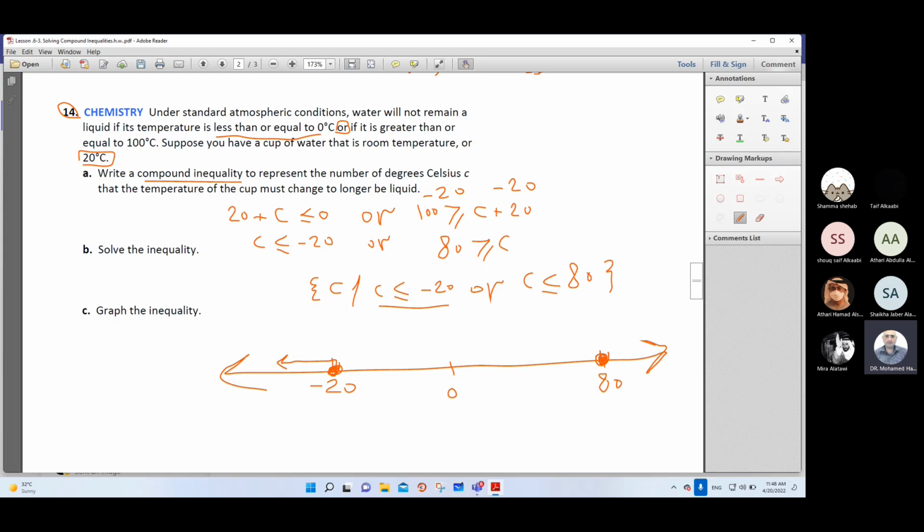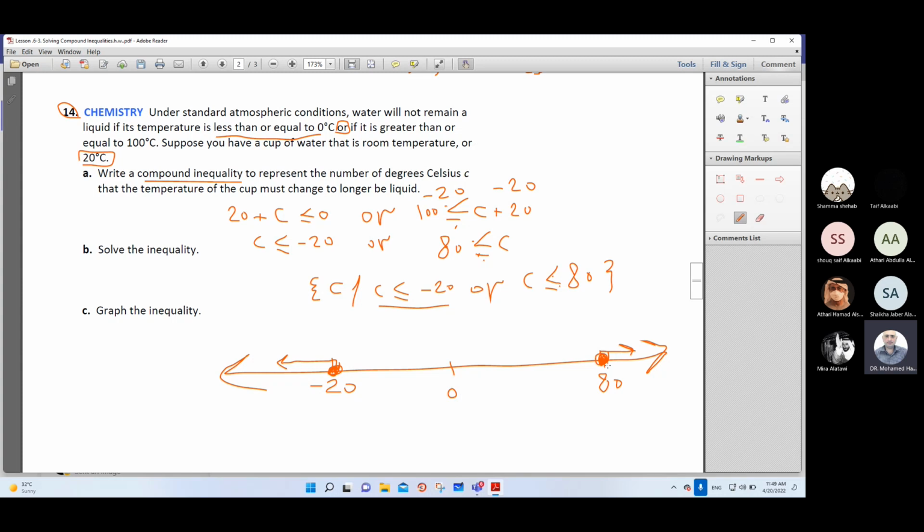And C less than 80, or sorry, C greater than 80. Here greater than, sorry, because here it said greater than or equal to 100. So it means greater than, so the direction is to the positive side.